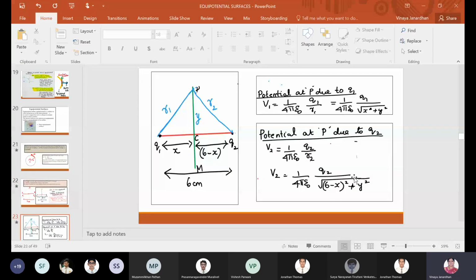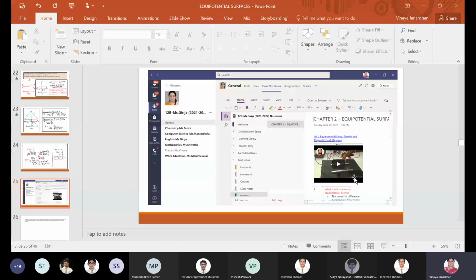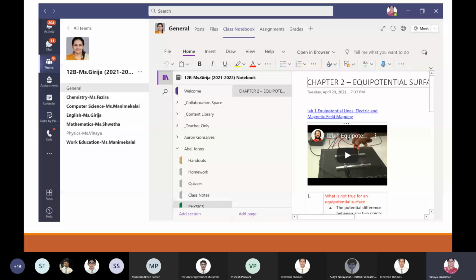One second, boys. Before I go for this numerical, can you check your class notebook? I have taken, I selected Abel's work. Just go to class notebook.